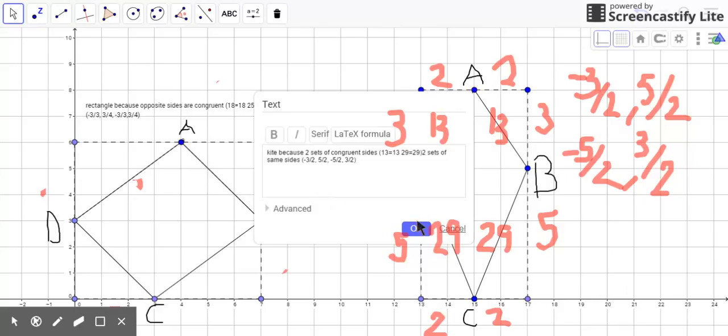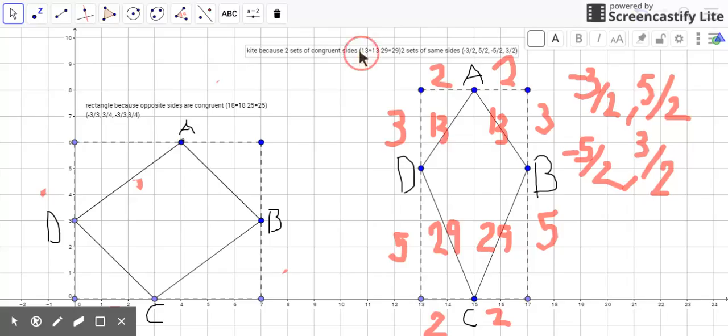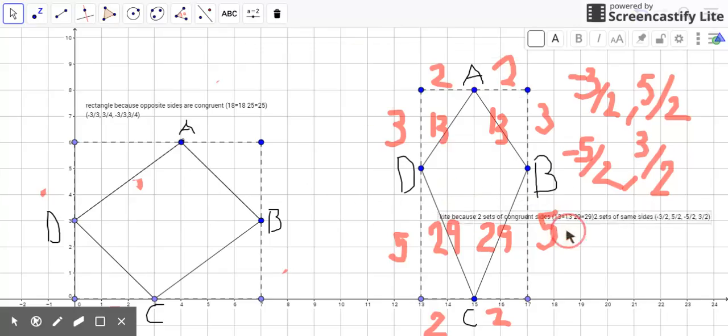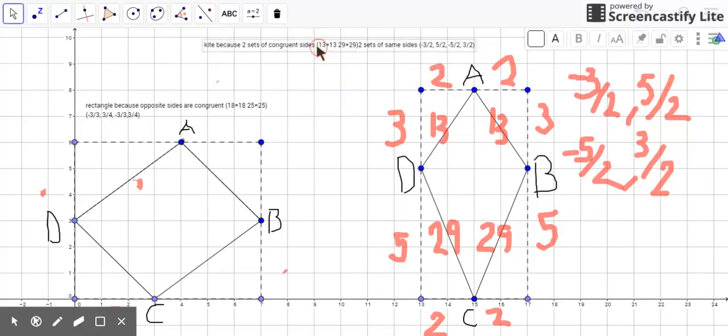And that is a summary statement telling you what shape that is and proving it with these measurements. And that is how you do quads on a grid.